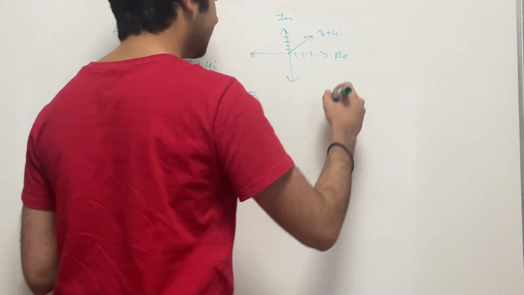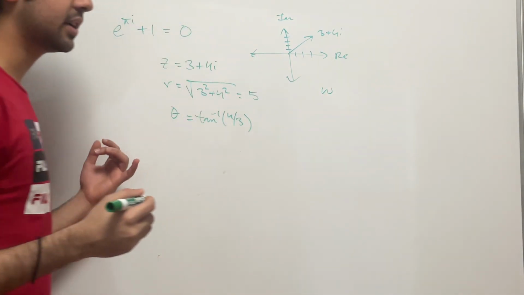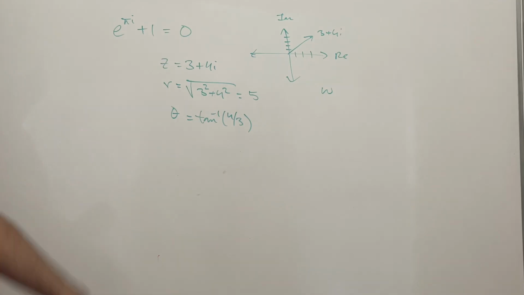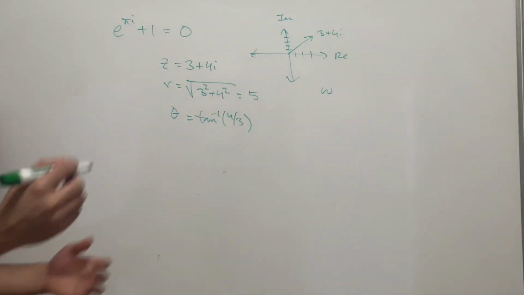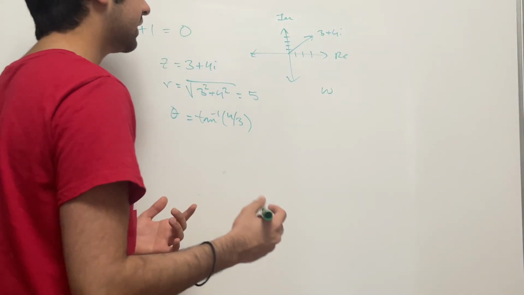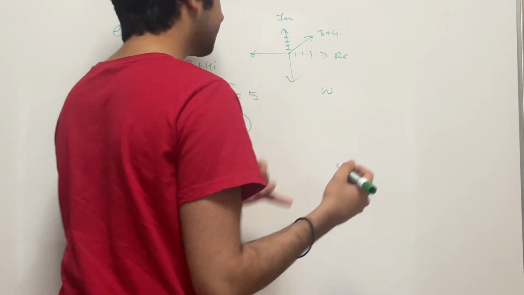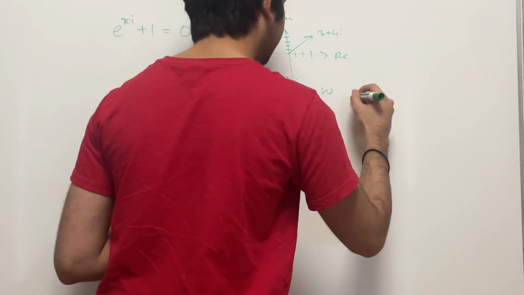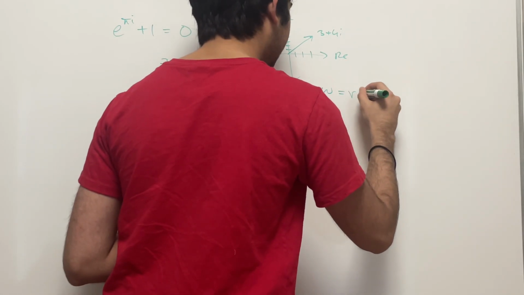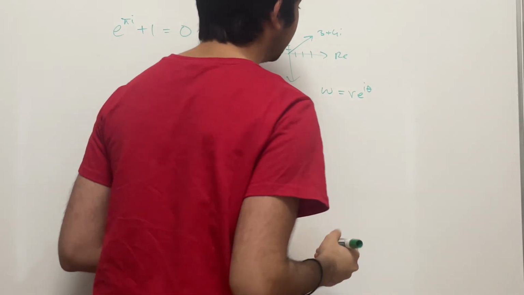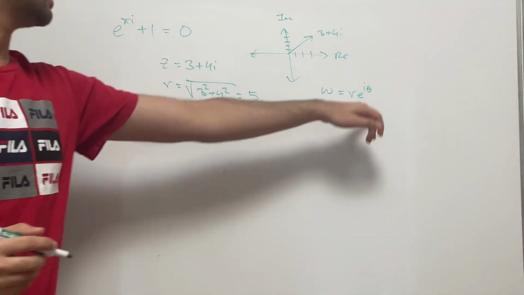If we have a complex number w and we know its magnitude and direction, instead of using trigonometry to find its x and y components, we can just write it using the magnitude and direction like this: w equals r e to the i theta, where r is the magnitude and theta is the direction.